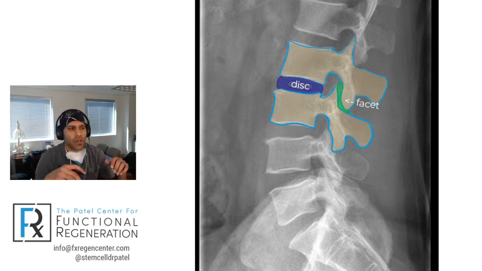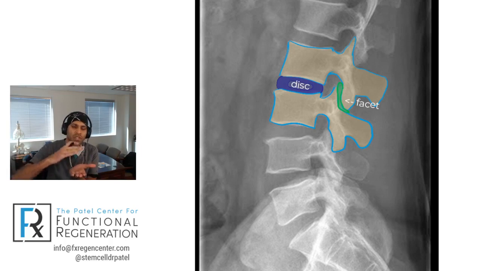Now, what happens when we start to develop arthritis? Well, let's take a step back and look at the natural history of the spine in general. One thing that we've discussed in the past is what happens with the disc. I mentioned before that the disc is like a water balloon completely filled with jelly. When we're teenagers or younger, it's completely filled, so it's nice and cushiony.